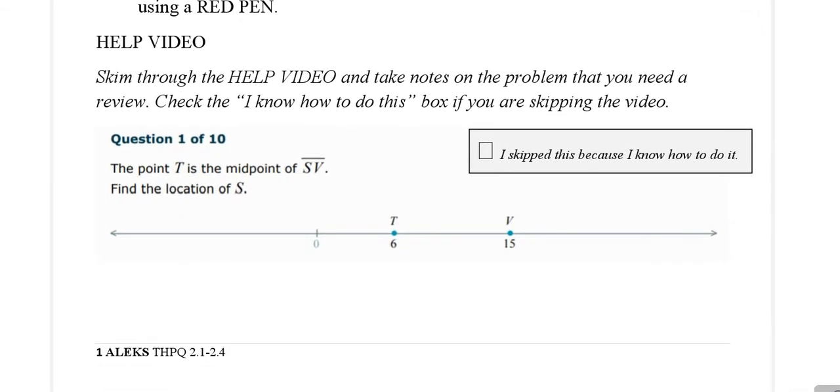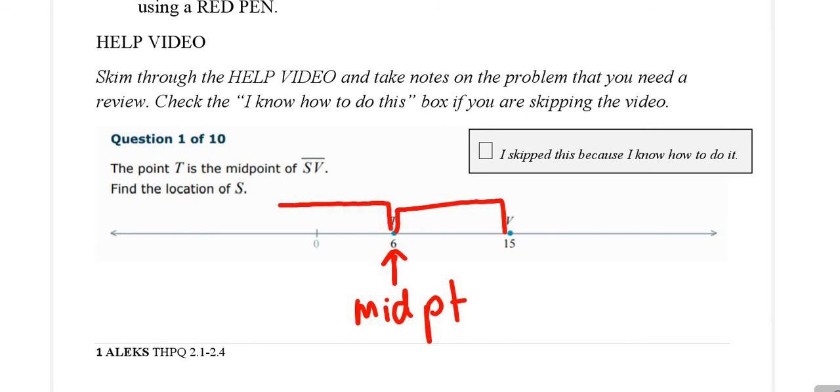Problem number 1 says, point T is the midpoint of SV. Find the location of S. So if T is the midpoint of SV and we have V here, that means S has to be somewhere over here.